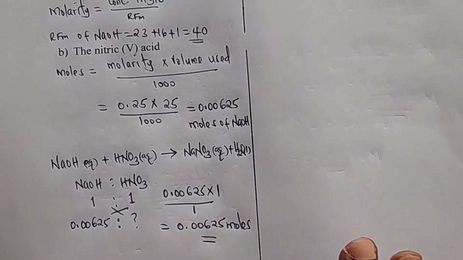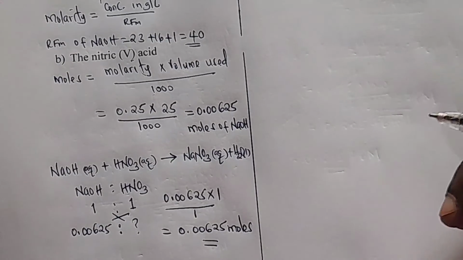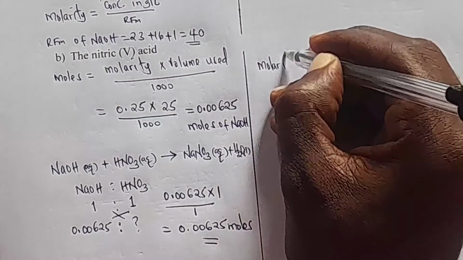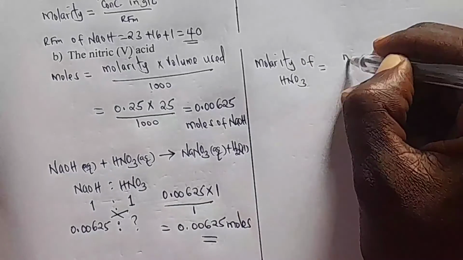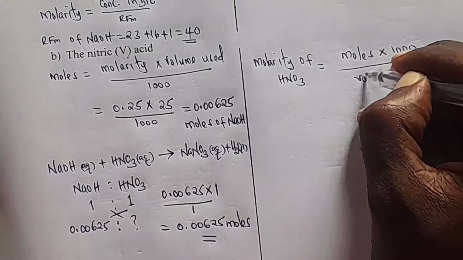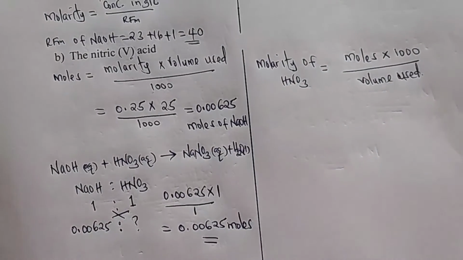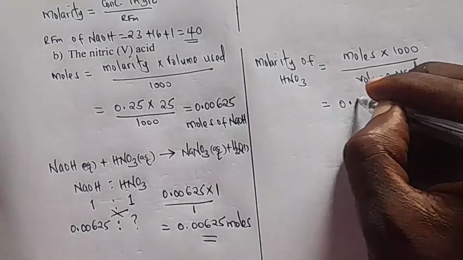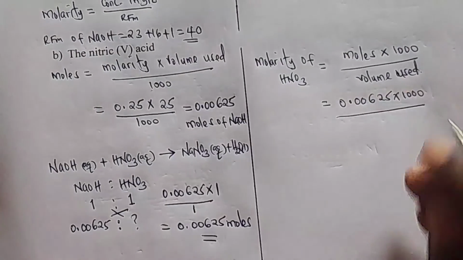If you have the number of moles of the analyte, you can get the molarity by using the formula moles times 1000 over volume used. So the molarity of nitric acid will be equal to moles of nitric acid multiplied by 1000 and divided by the volume of nitric acid. The number of moles will be 0.00625 times 1000, divided by volume used.